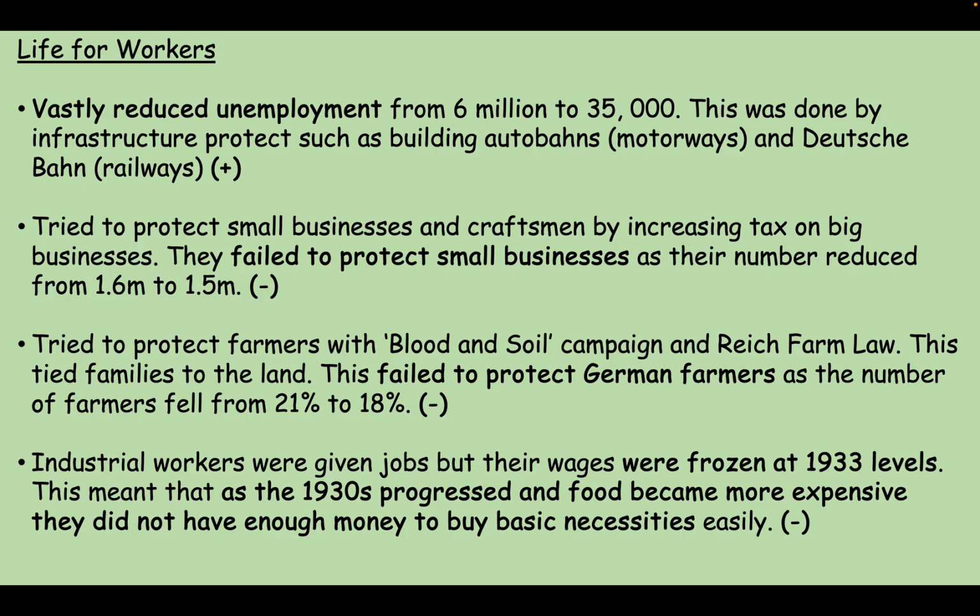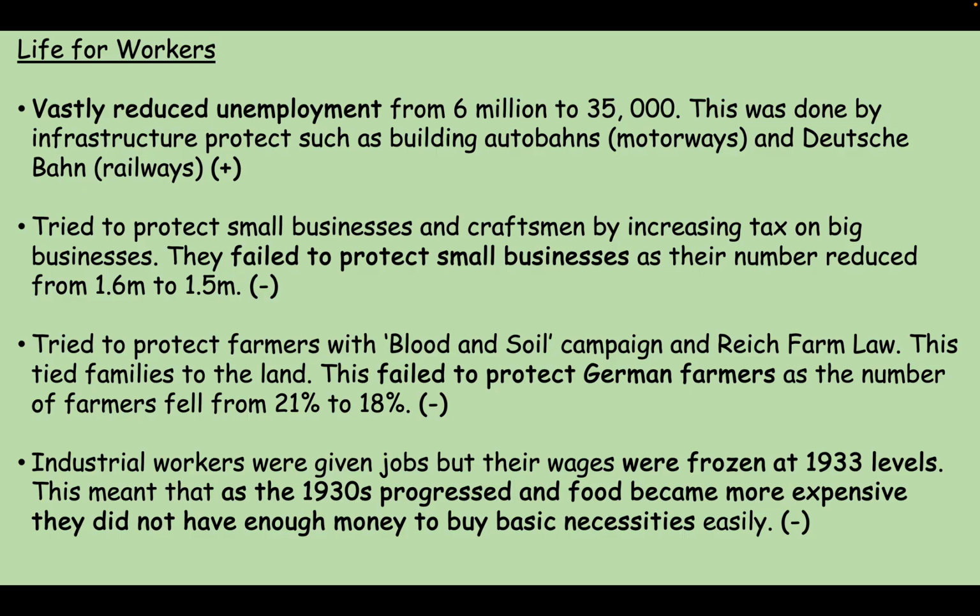Now, industrial workers are given jobs, and we've said that unemployment is reduced, so that's a good thing. But their wages are frozen at 1933 levels. So the wage that they got in 1933 never increases, it's frozen. Now, throughout the 1930s, things become more expensive.